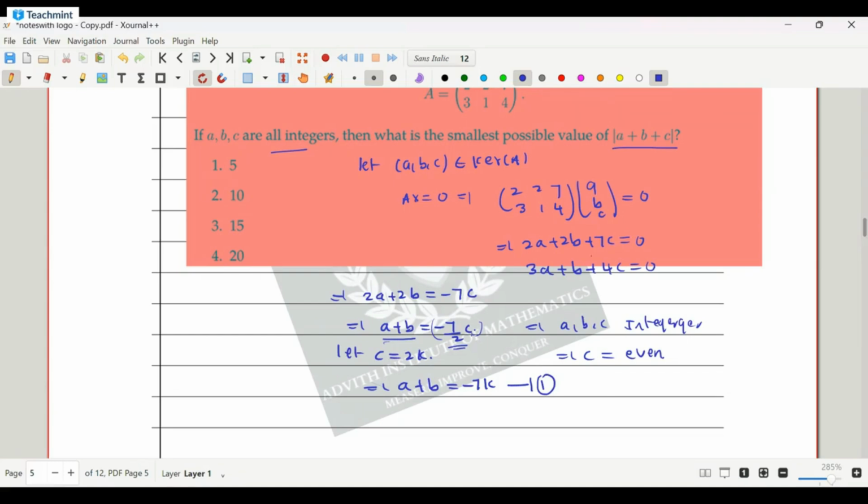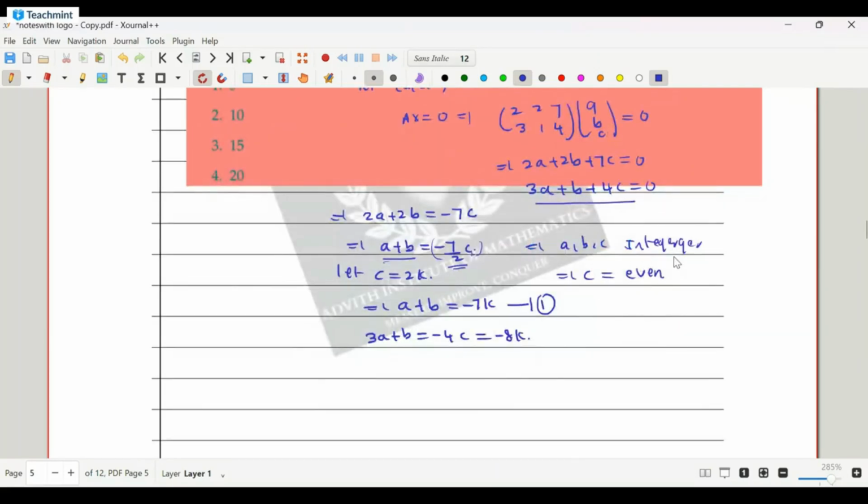And from this one, 3A plus B is equal to minus 4C kada. Minus 4C ante substitute C is equal to 2K, sir. So minus 8K. So therefore 3A plus B is equal to minus 8K.